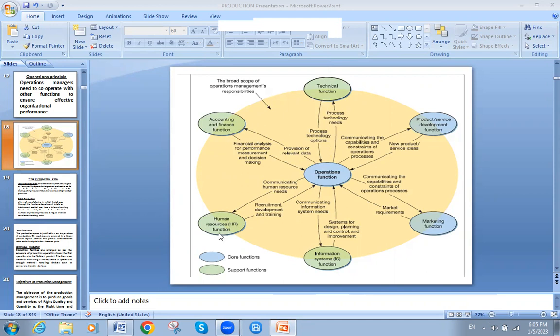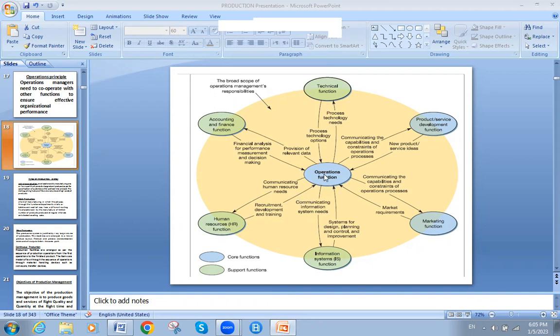The operation function or the production management is sharing all other departments in their own work. It is not an independent department working alone, but working in cooperation with the help of the other departments as well.